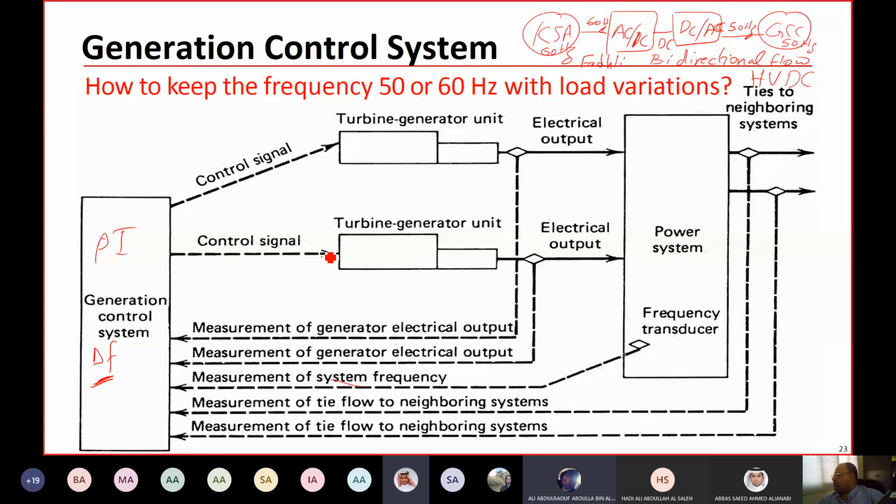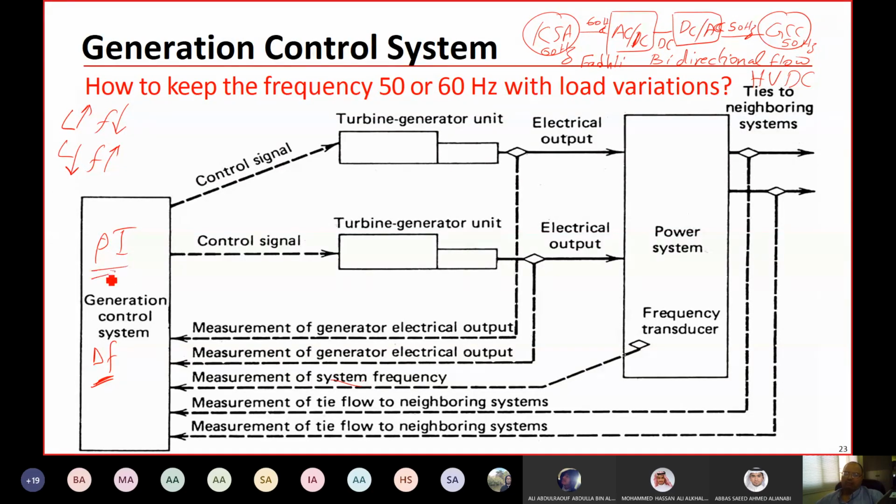If the load increases, the frequency will decrease. If the load decreases, the frequency will increase. So if you increase the load, the frequency will be lower than 60 hertz.